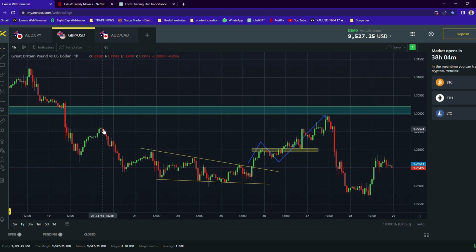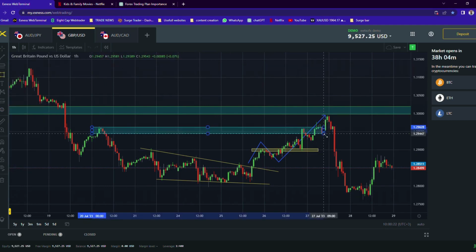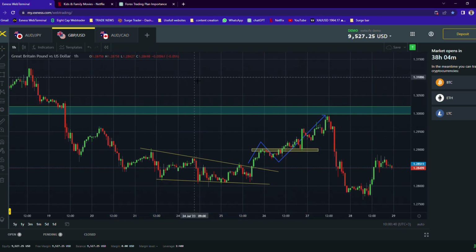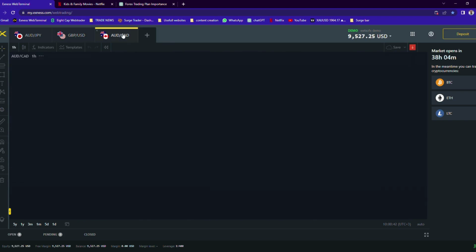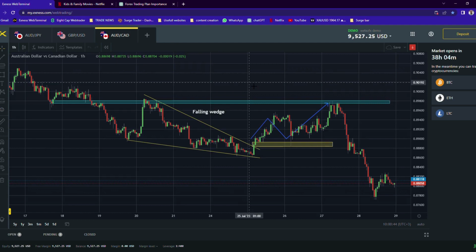If this was your first TP, and this your second TP, the first could have been 40 to 50 pips, and the second 80 to 90 pips, with a risk of 30 pips. After the falling wedge, this was a retest to the upside, and it created also a very good opportunity right there. So we're going to look at another example on AUD CAD.